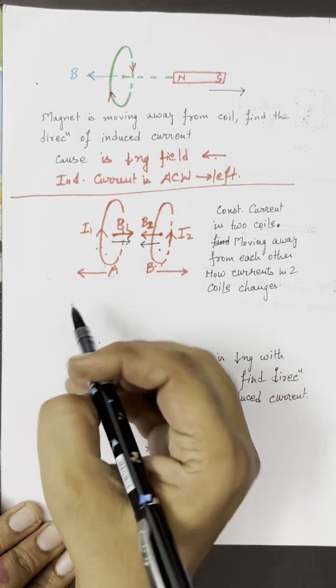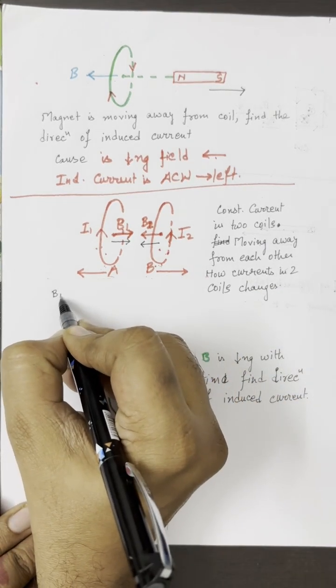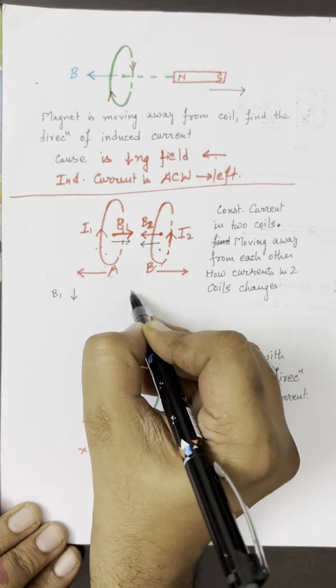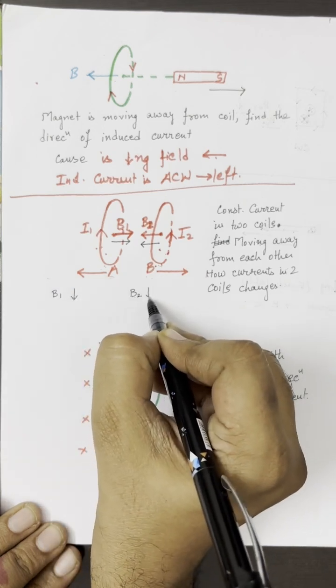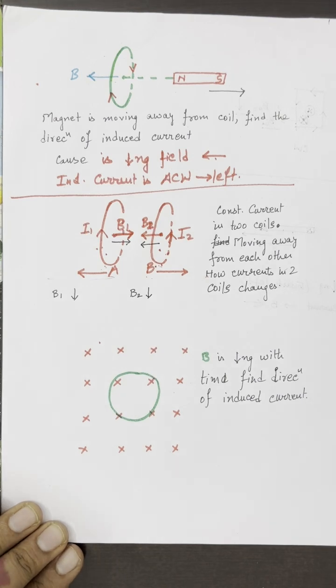When they move away from each other, B1 and B2 will decrease. If they decrease, the induced current will try to increase them. The induced current will try to increase B1.